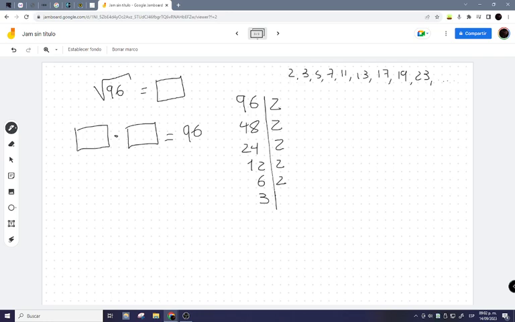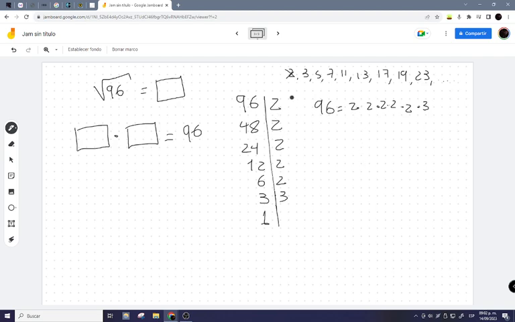No. So then we move to the next prime number, which is 3. And 3 can be divided by 3. The result is 1. That means we finished the prime factorization, and 96 is the result of 2 times 2 times 2 times 2 times 2 times 3.